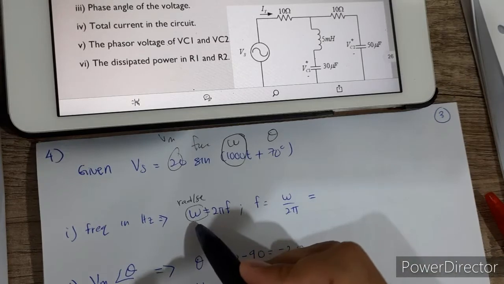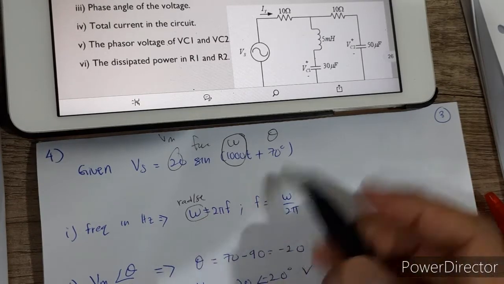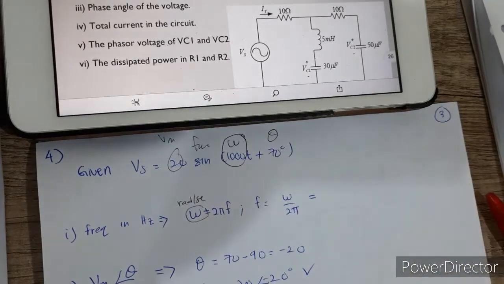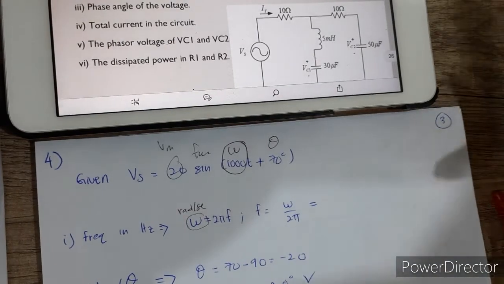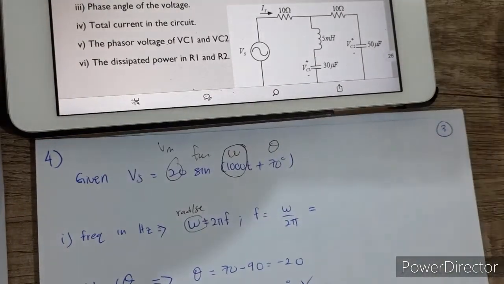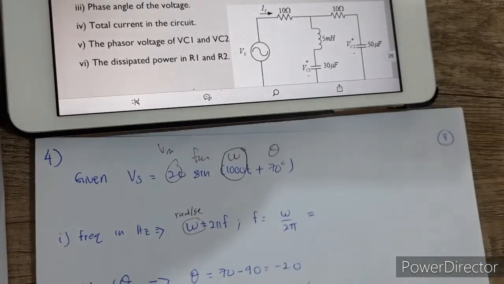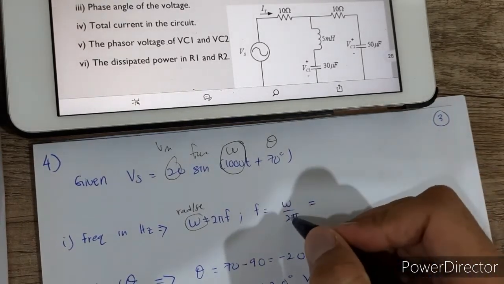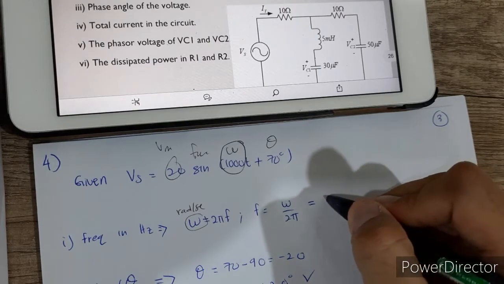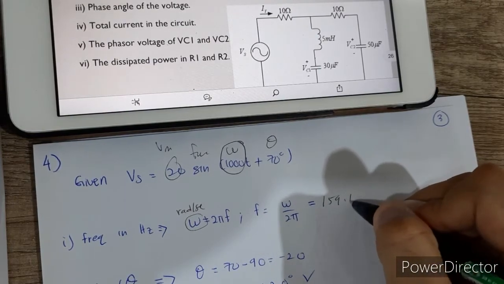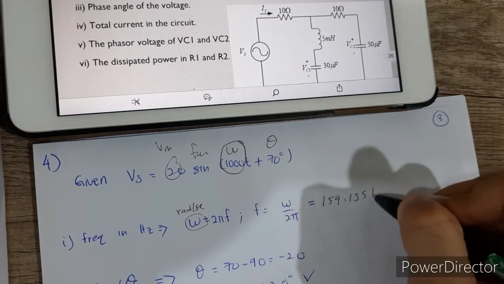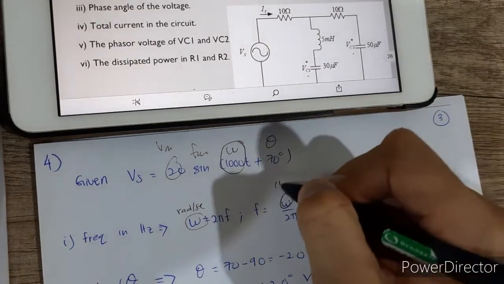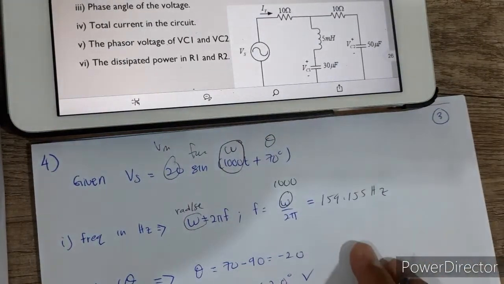So to determine frequency, omega divided by 2 pi. So 159.155 hertz. This is 1000 divided by 2 pi.